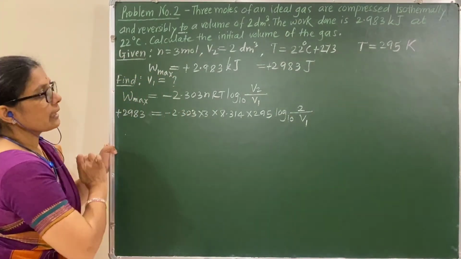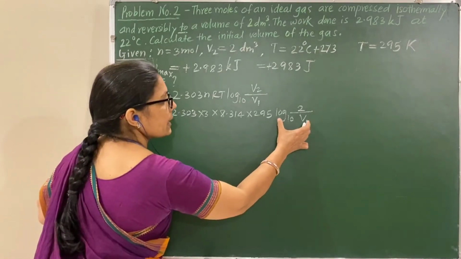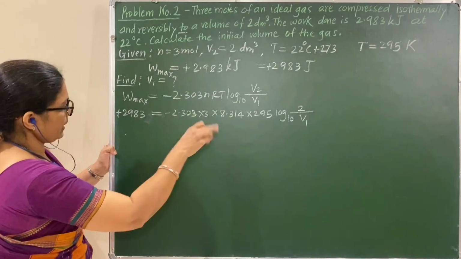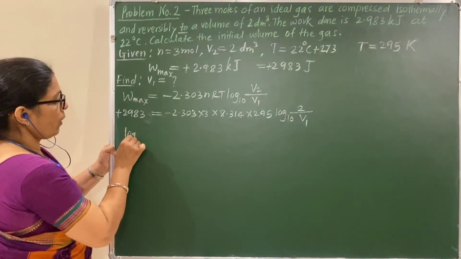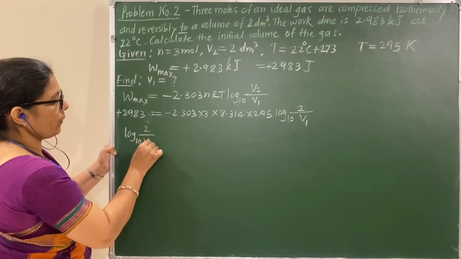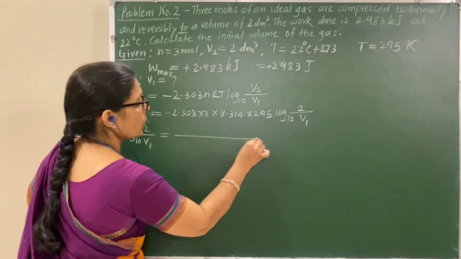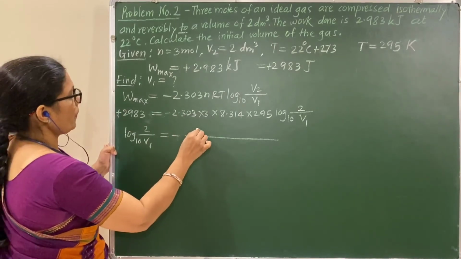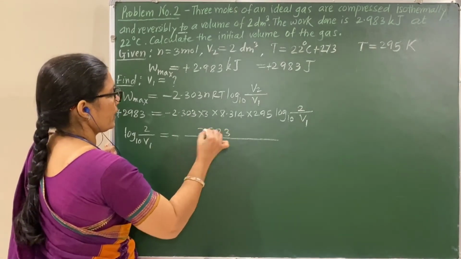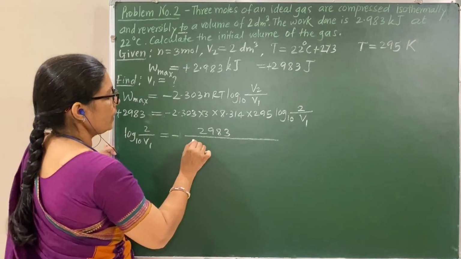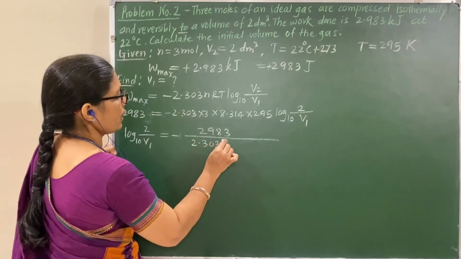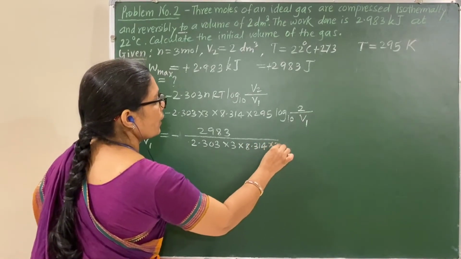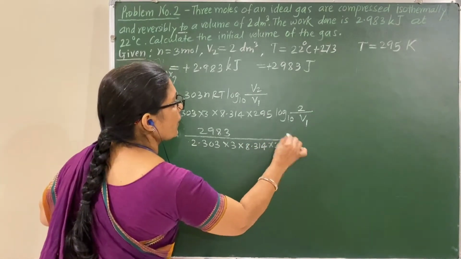Okay, next. Now keep this as it is on this side. Now shift this side, that is, log to the base 10 of 2 by V1 is equal to 2983 divided by 2.303 into 3 into 8.314 into 295.